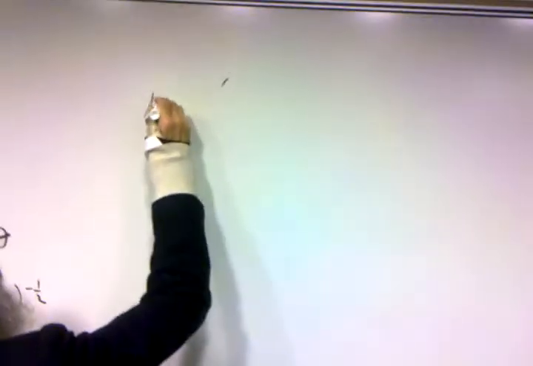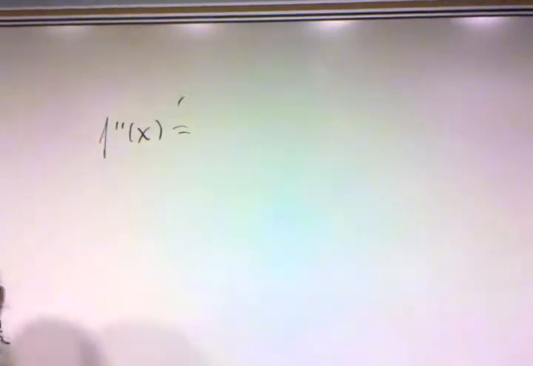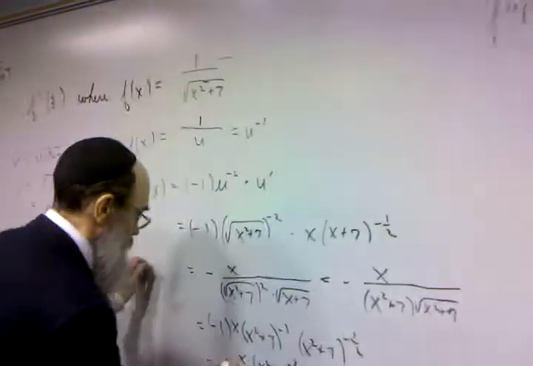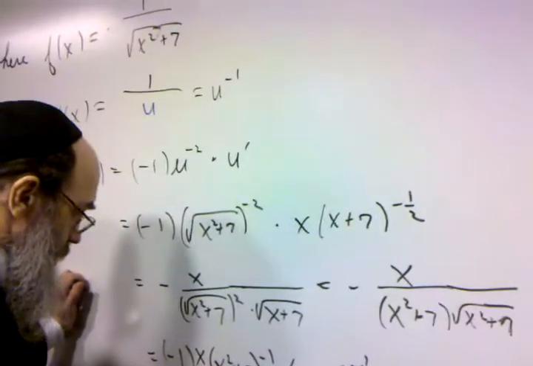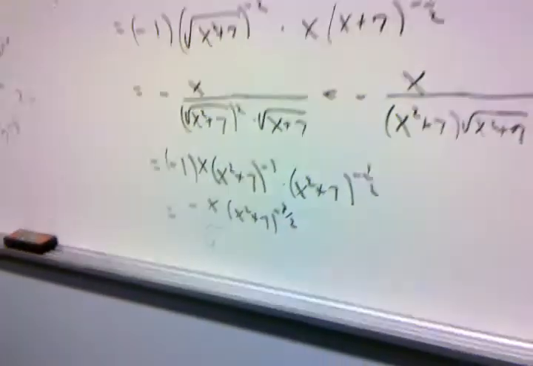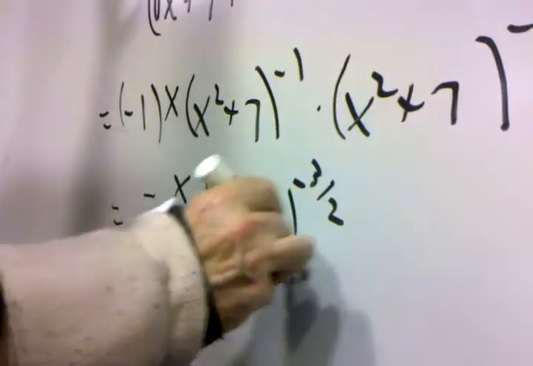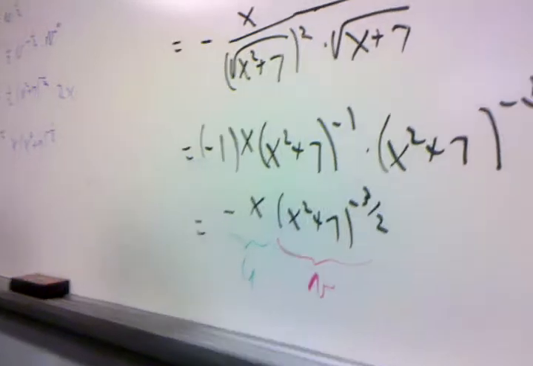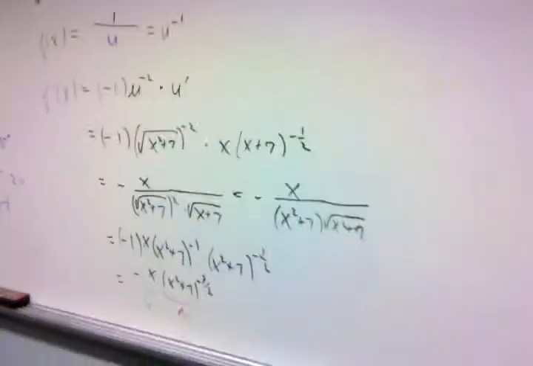And we want to continue with the second derivative. I'm going to say f double prime of x equals. Well, this is a more complicated thing. I'm going to call this piece right here u, and this thing over here I'm going to call v. So we're going to find u prime and v prime.